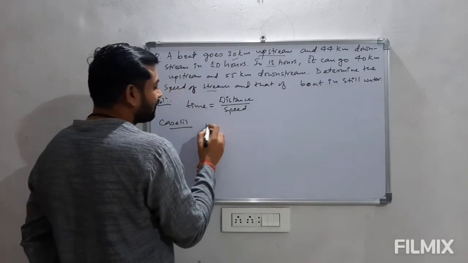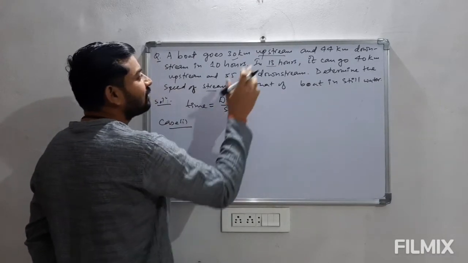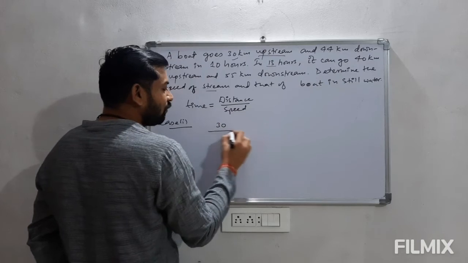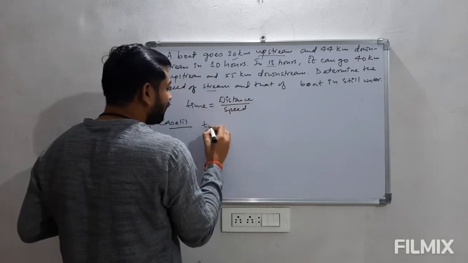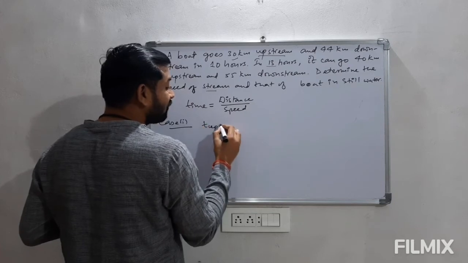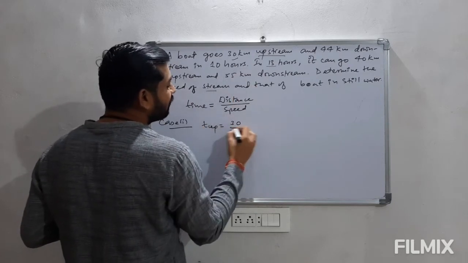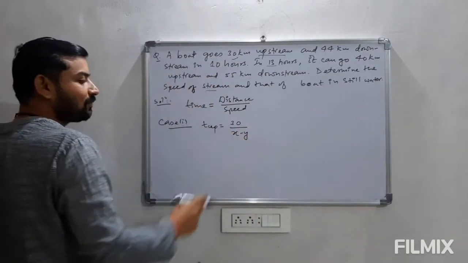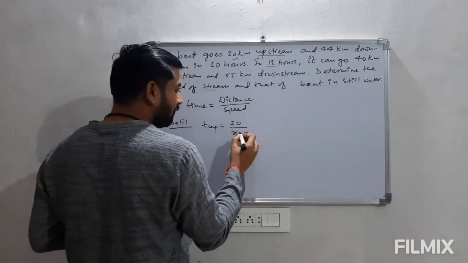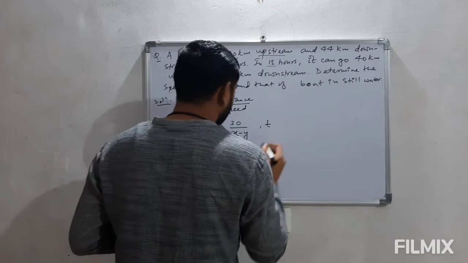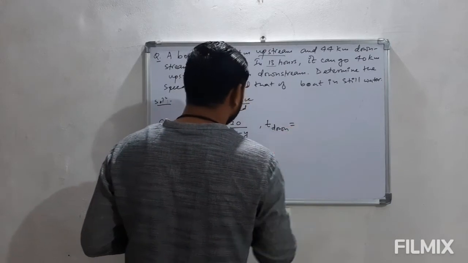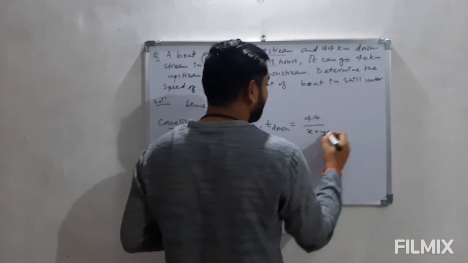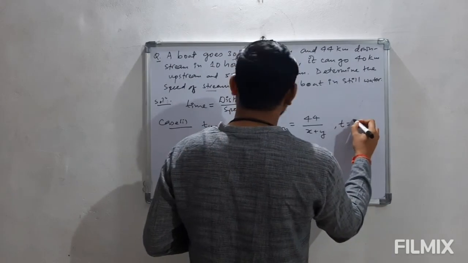The upstream time, T up, will be distance upon speed, that is 30 km upon x minus y, speed of boat minus speed of stream. And the time taken in downstream in the first case will be 44 upon x plus y. The total time here is 10 hours.